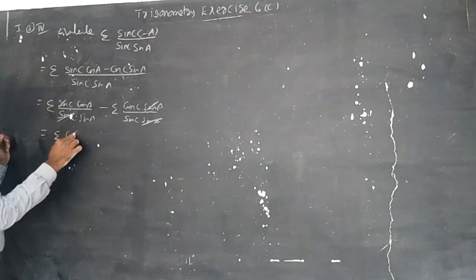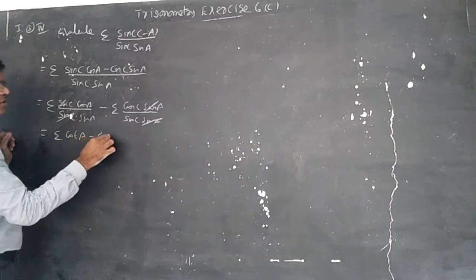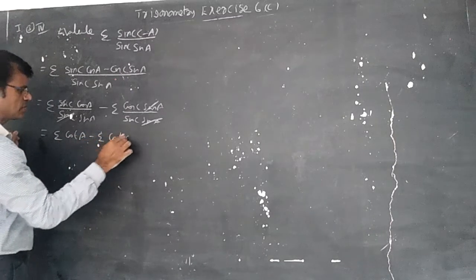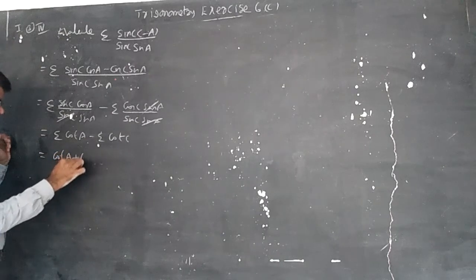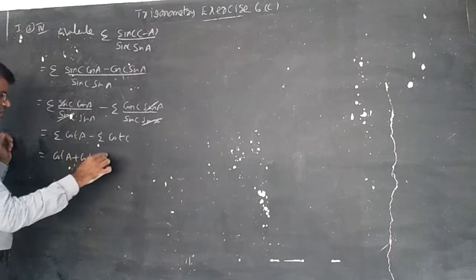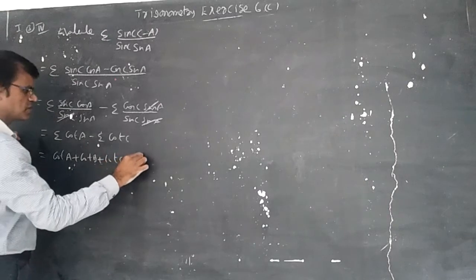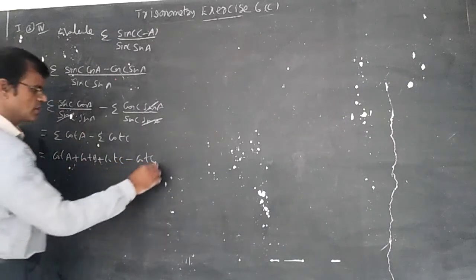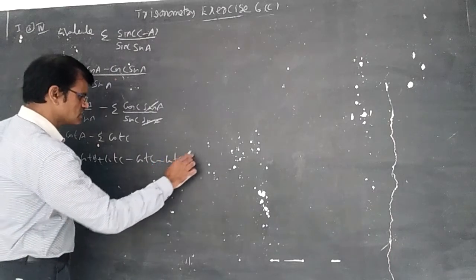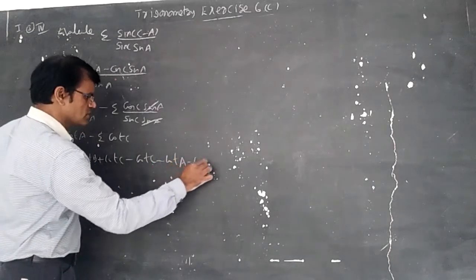Cos A by sin A becomes cot A, cos C by sin C becomes cot C. Sigma cot A becomes cot A plus cot B plus cot C, and sigma cot C, with the minus sign, becomes minus cot C minus cot A minus cot B.